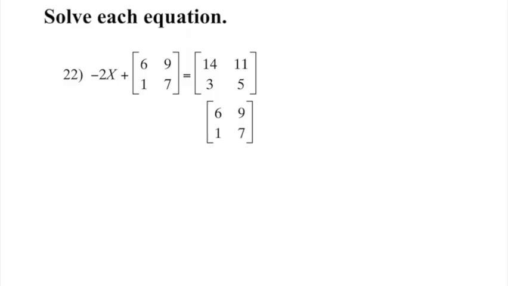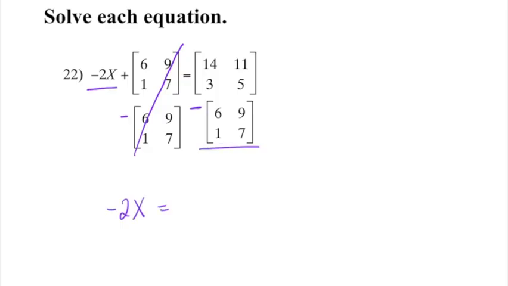So I'm going to take this matrix here, and I'm going to subtract it from both sides of my equation. On the left-hand side, it cancels out, just like any numbers. If I have a matrix and I subtract it, it's going to cancel out like this, and I'm left with just this -2 capital X, which represents the matrix. On this side, I am going to subtract. Can I? Well, yes, it's 2 by 2 and 2 by 2, so I can subtract these two matrices.